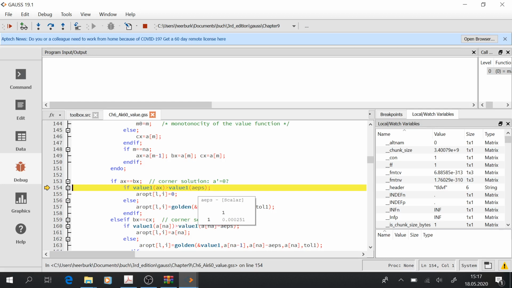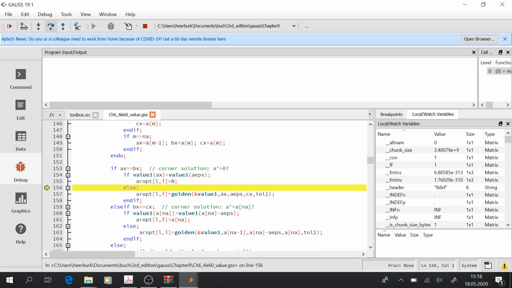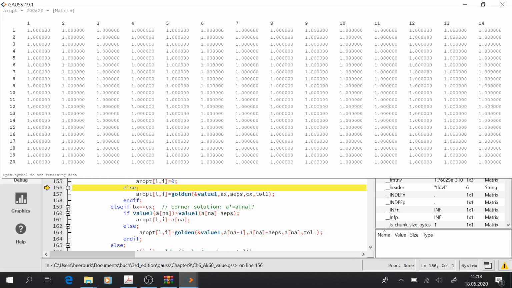If it's larger, then we know we have a corner solution, or can be pretty sure, because at 0 next period capital stock we have a higher Bellman right-hand side than if we choose 0.0025. So for our accuracy, we assume this is fine. Let's see if this is the case. Yes, this is indeed the case. So we choose the next period capital stock equal to 0.